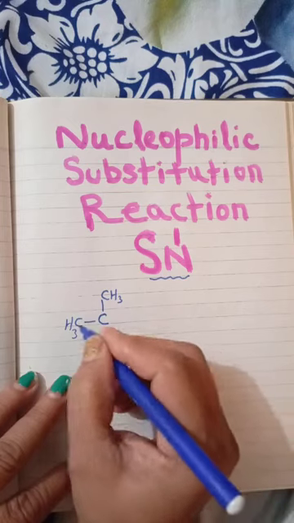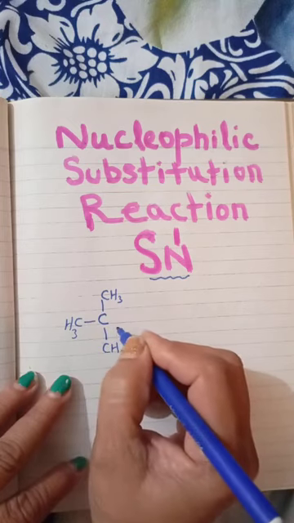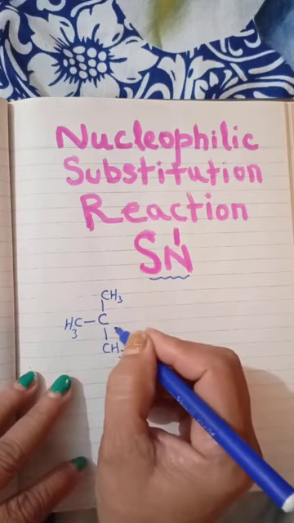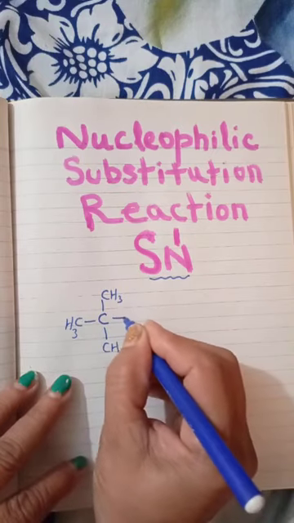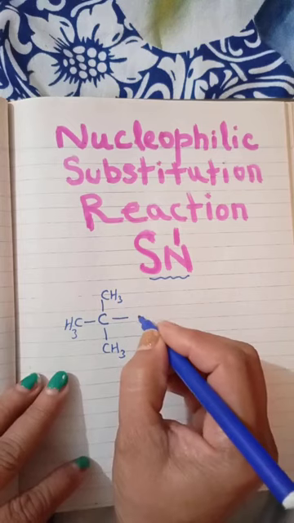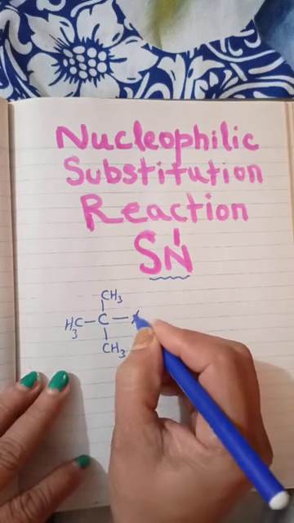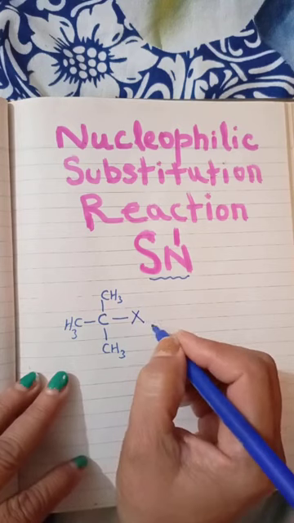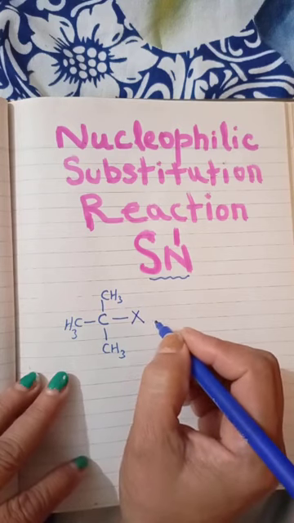It is directly linked with three carbons. Such a carbon is called a tertiary carbon, and it is the case of tertiary butyl halide, say R-X, where X stands for chloride, bromide and iodide.